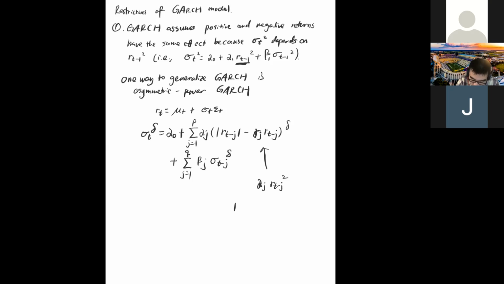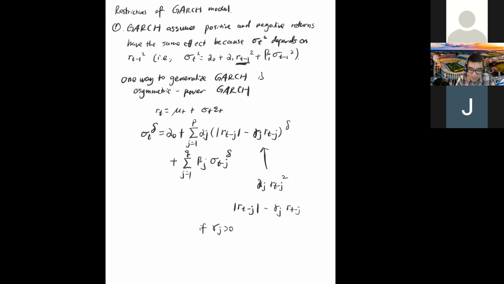So what we have here is the absolute value of the previous period return minus some coefficient, gamma j, times R_{t-j}. Okay, so what does that mean? If gamma j is positive, this is the coefficient you will estimate in your model, just like alpha and beta.